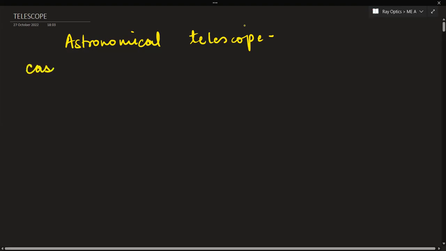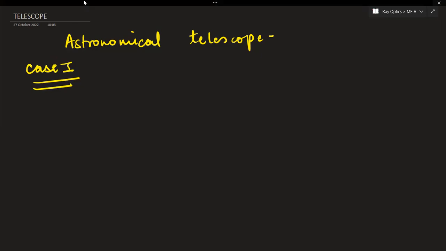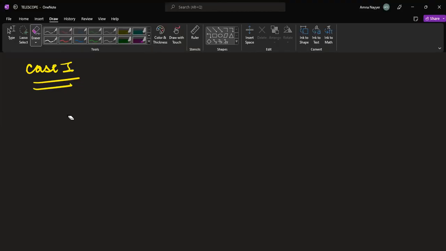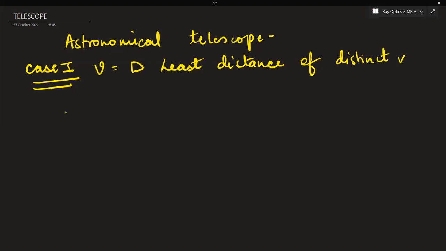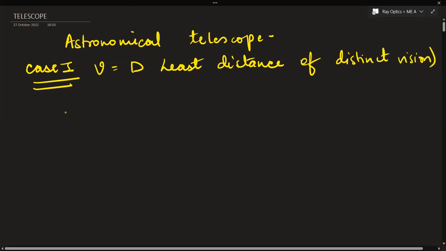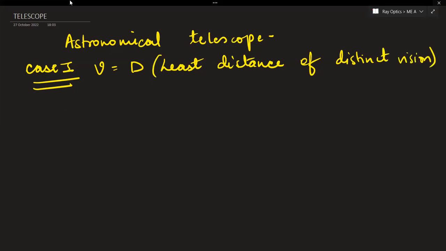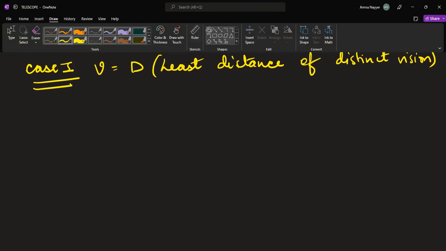In both the cases you will have the final image at the least distance of distinct vision. Now let me tell you the construction of this.